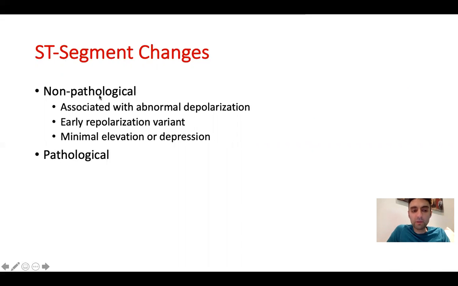If they are non-pathological, the differential could be early repolarization, or an abnormal depolarization, for example a patient with bundle branch block or WPW. Because the QRS is abnormal, the repolarization also becomes abnormal. So when depolarization is abnormal, repolarization by default may look abnormal. You cannot assess repolarization if you have a depolarization problem.